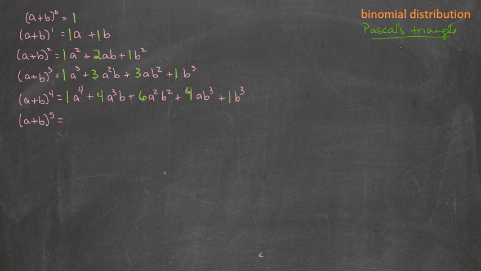And it looks like this. 1, which would be this one. 1, 1, which would be these 2 ones. 1, 2, 1, and then 1, 3, 3, 1, and 1, 4, 6, 4, 1. Notice that each step, all I'm doing is adding. I'm writing the numbers in a diagonal, and I'm adding the 2 numbers diagonally before it together.